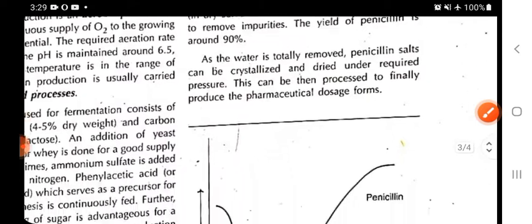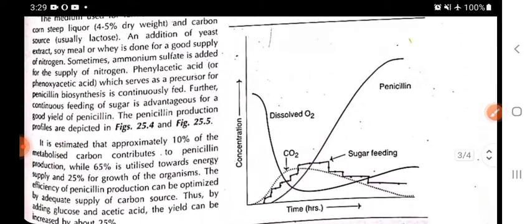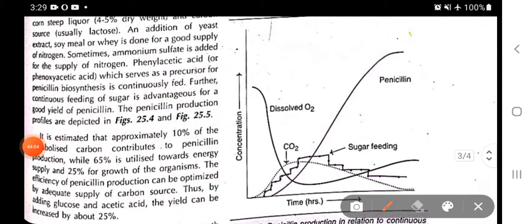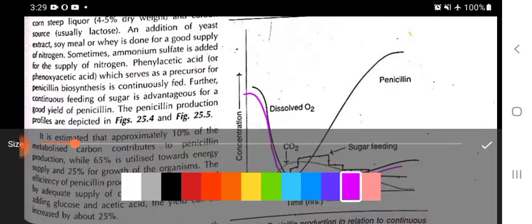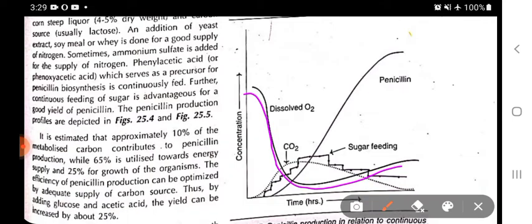In the next profile, it shows other things like the dissolved oxygen. Next is the sugar feeding. The squares are the sugar feeding graph, which shows what amount of sugar we are adding during the culture period. And this is the concentration of carbon dioxide.